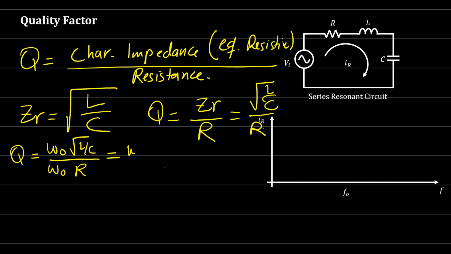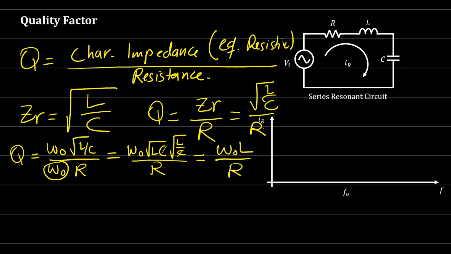So we can say ω0 times the square root of LC altogether times the square root of L over C, and this is divided by R, because we substitute ω0 by 1 over the square root of LC. So this is simply equal to how much? C will go with C, L times L, this will be L, so this will be ω0 times L over R. And this is for what? For the series resonant circuit.